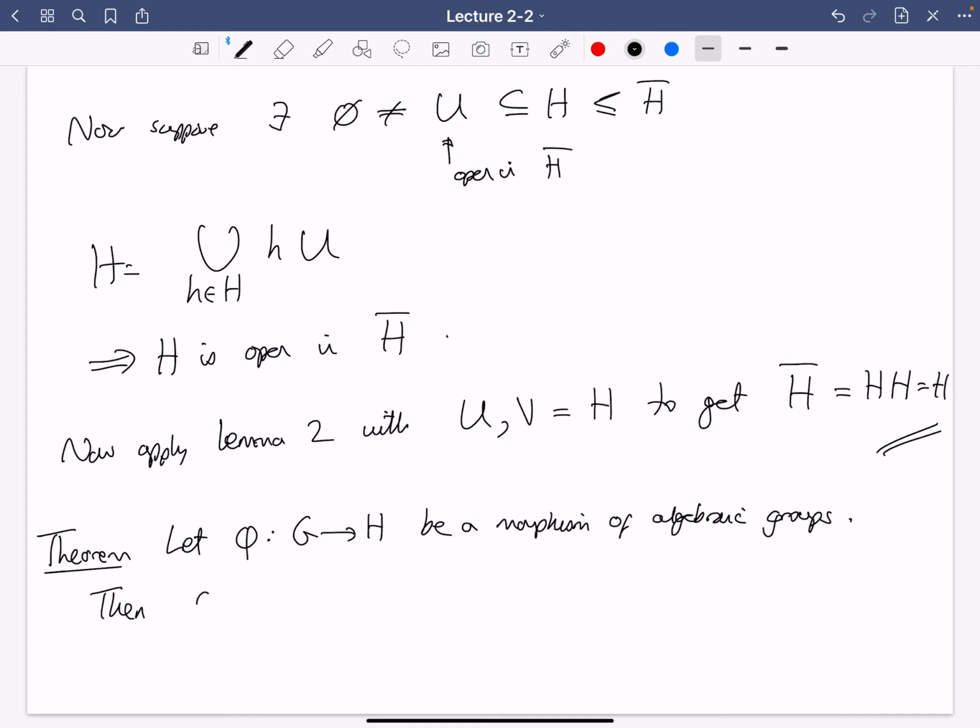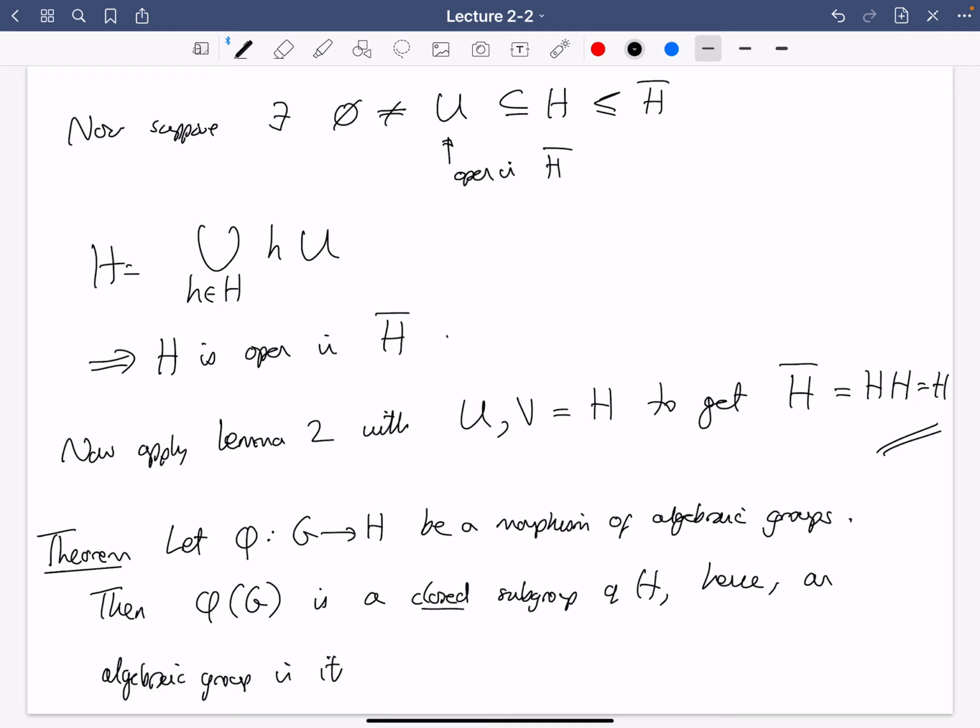Then the image of that morphism, so phi of G, which is of course a subgroup of H, is actually a closed subgroup of H, hence it's an algebraic group in its own right.